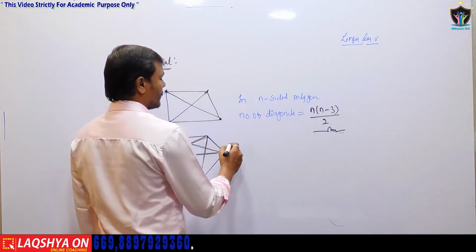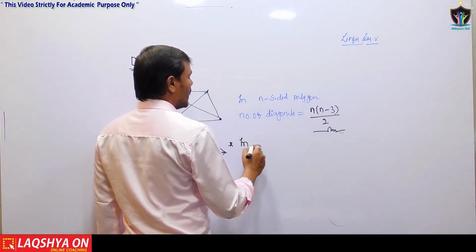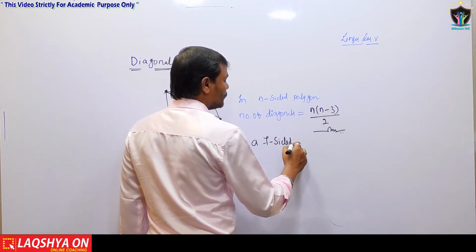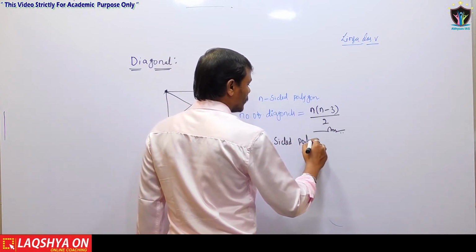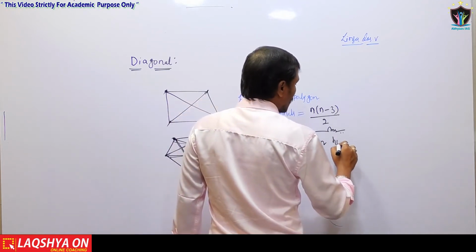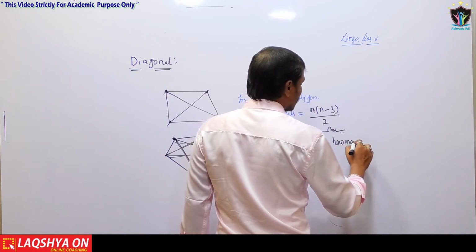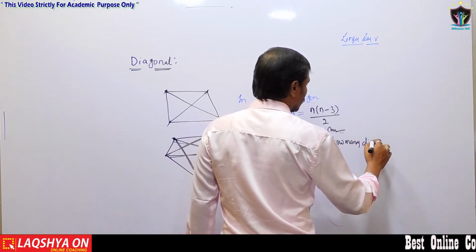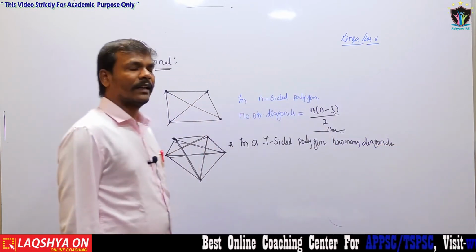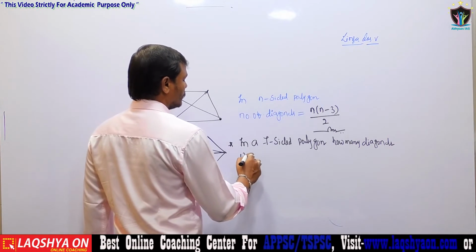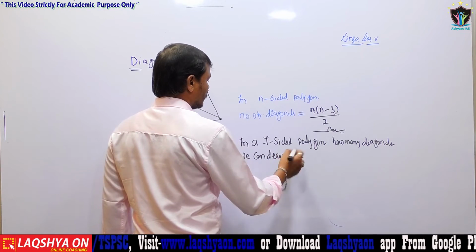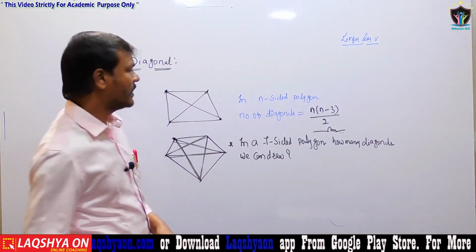In the question, in a 7-sided polygon, how many diagonals can we draw?